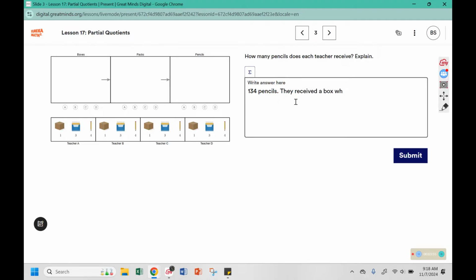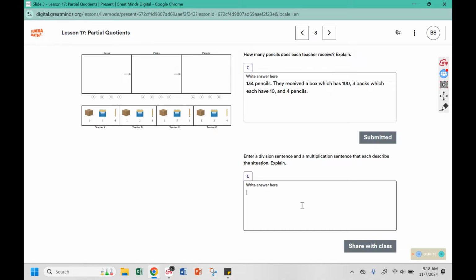A box has 100, 3 packs, which each have 10, and 4 pencils. So 134.